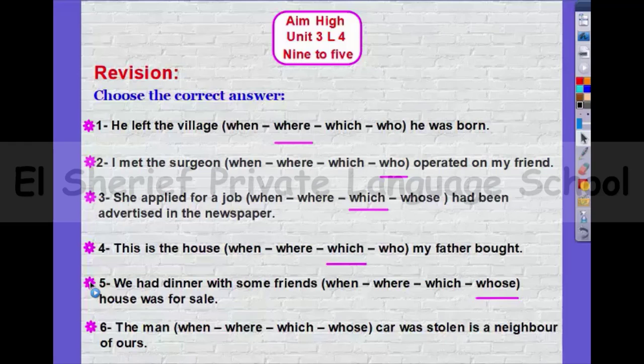This is a thing that belongs to these friends. So we are going to use the relative pronoun whose. So we had dinner with some friends whose house was for sale. Number 6. The man car was stolen is a neighbor of ours. It's the same. So it's gonna be the man whose car was stolen is a neighbor of ours.